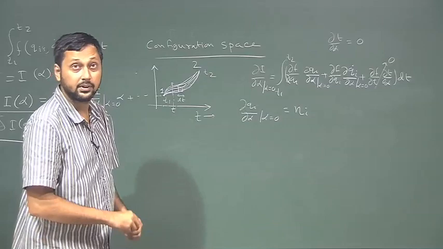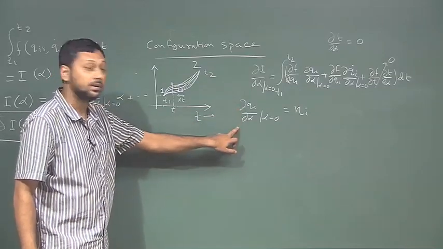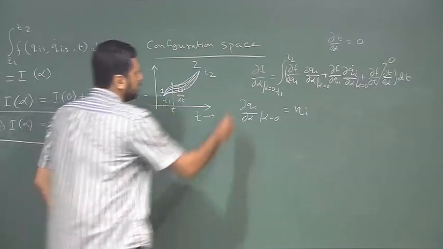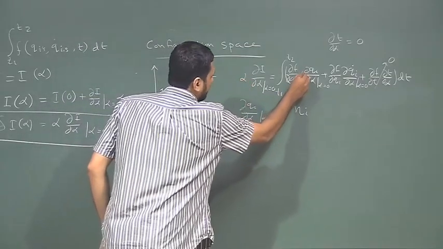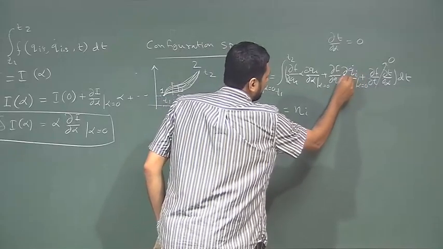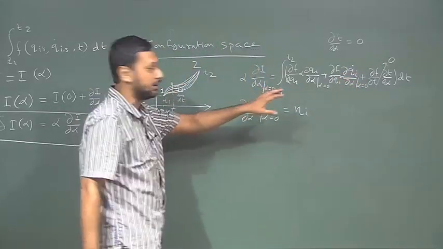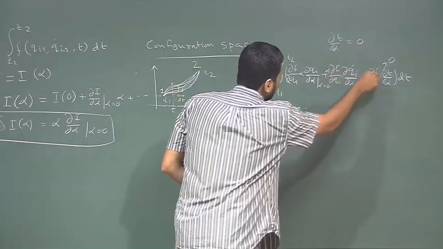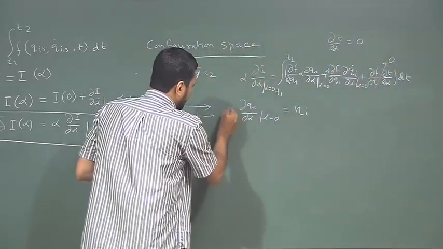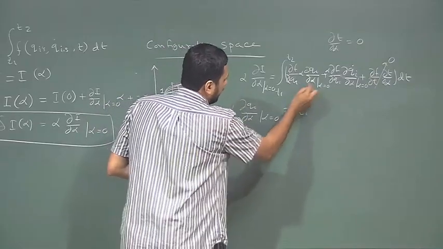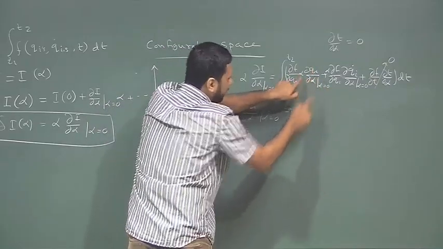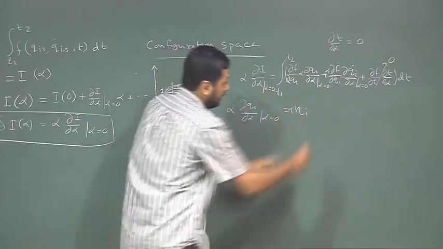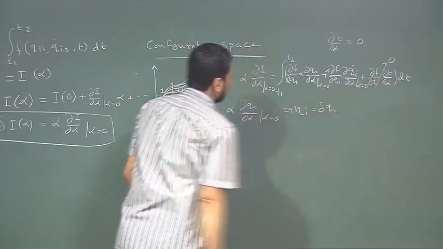So, that is what we did just now. If I multiply this whole thing with alpha, alpha multiplied by del q_i del alpha is equal to alpha times eta_i, which is equal to delta q_i, right.